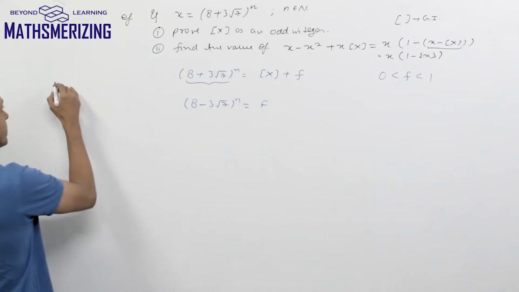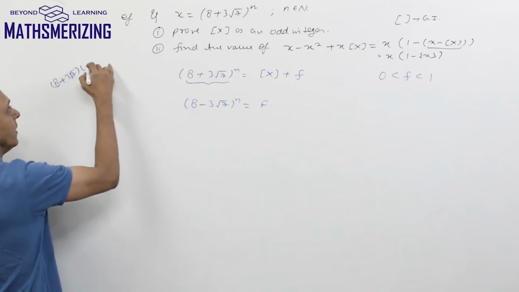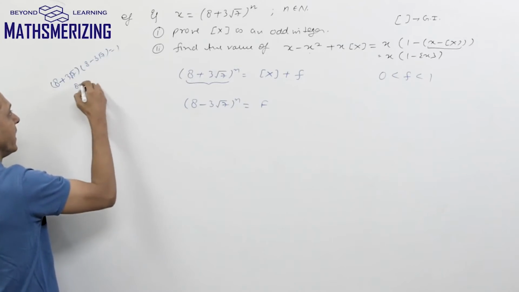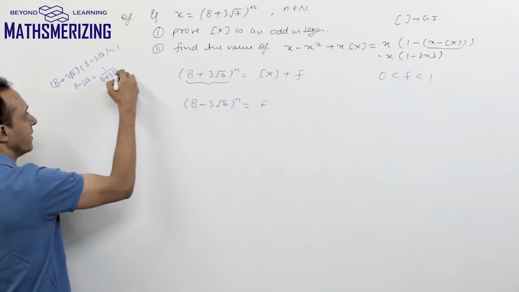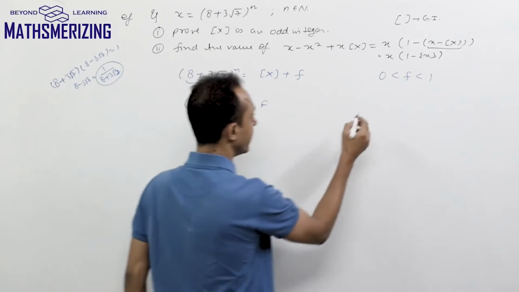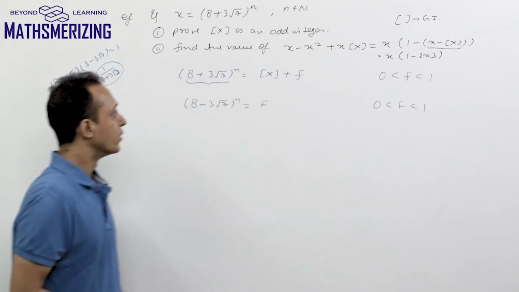Now we know that 8 plus 3 root 7 into 8 minus 3 root 7 is equal to 1. So 8 minus 3 root 7 is 1 upon 8 plus 3 root 7, so this value is less than 1. So I can say that the value of capital F will lie between 0 and 1.